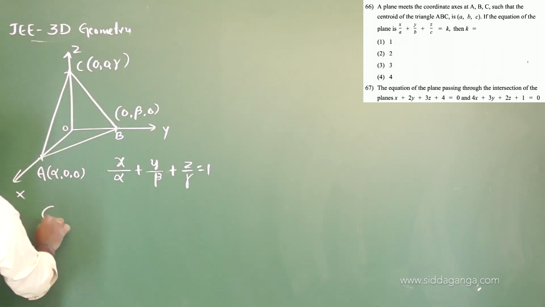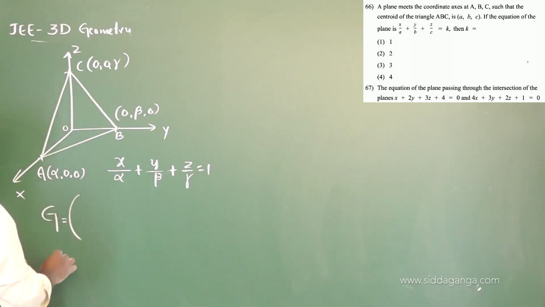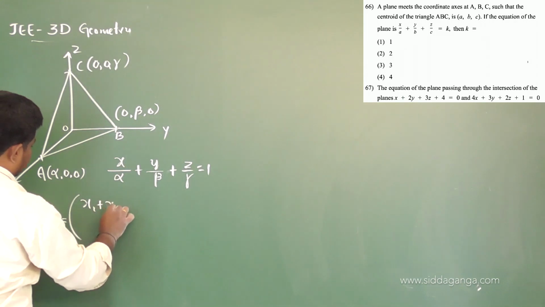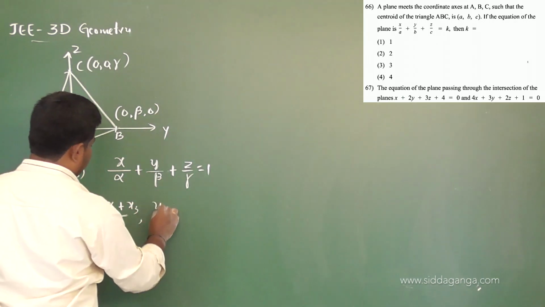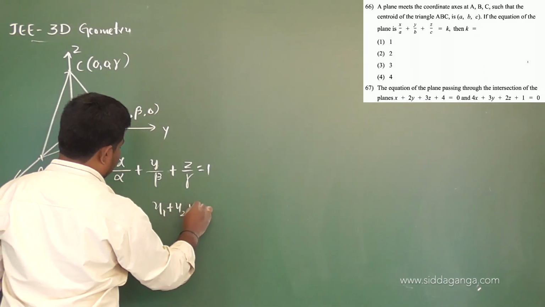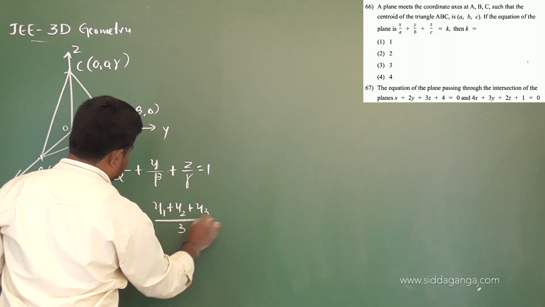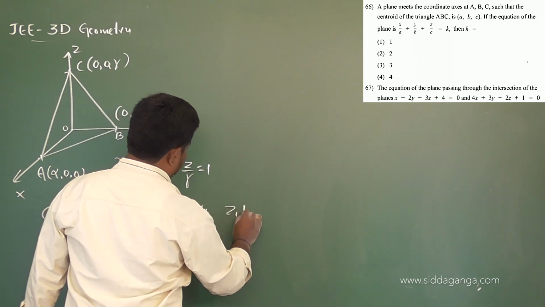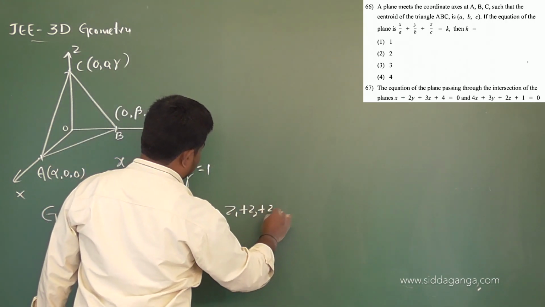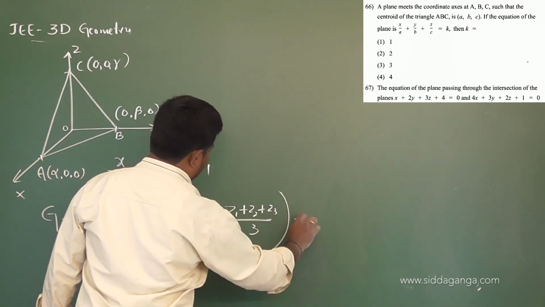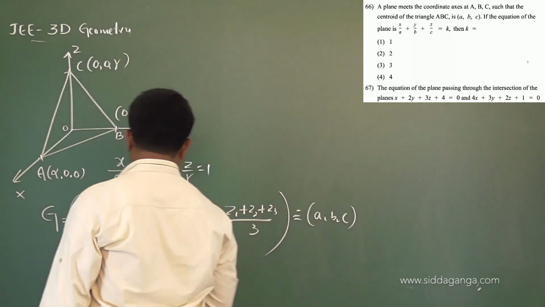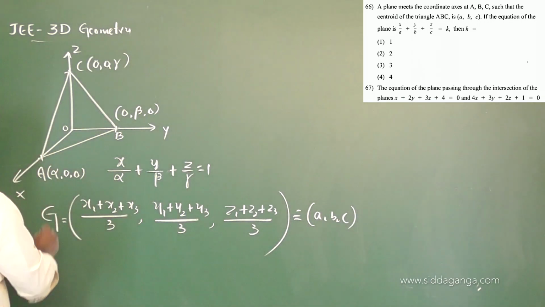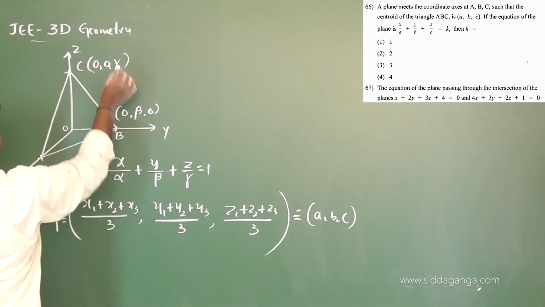We know that the centroid of a triangle is given by what? (x1 plus x2 plus x3) by 3, (y1 plus y2 plus y3) by 3, and (z1 plus z2 plus z3) by 3, and this is given as (a, b, c). Now this is x1 y1 z1, x2 y2 z2, x3 y3 z3.